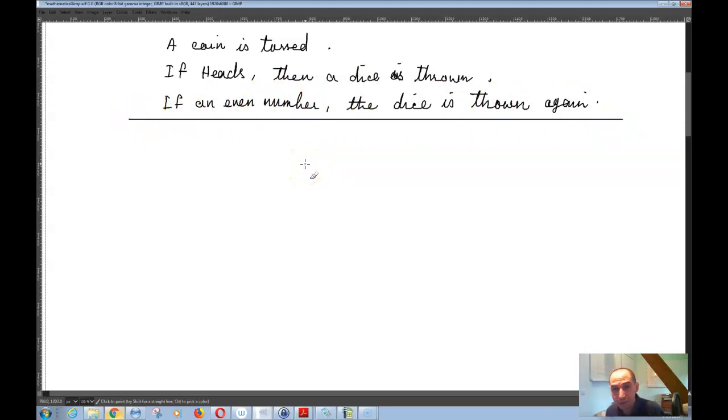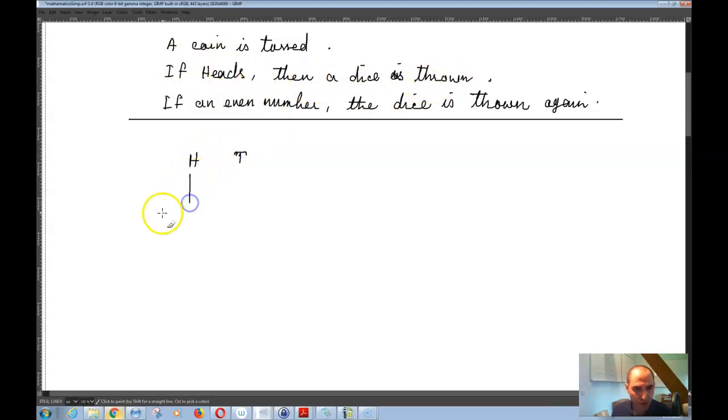In these cases, I find it much more convenient to draw some sort of diagram for what happens, because I usually get confused in such situations. When you toss a coin, you either get heads or tails. If heads comes up, then a dice is thrown.